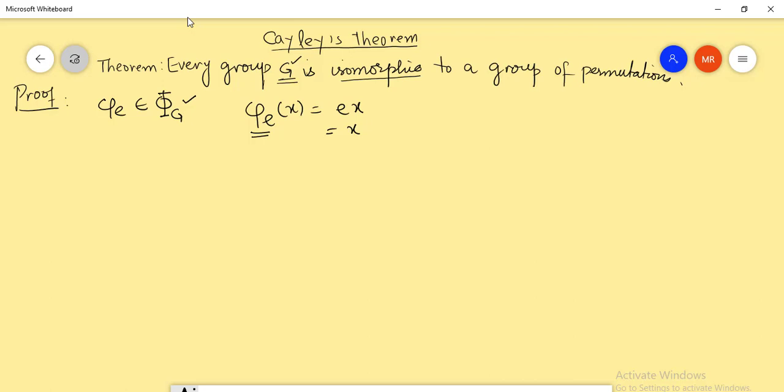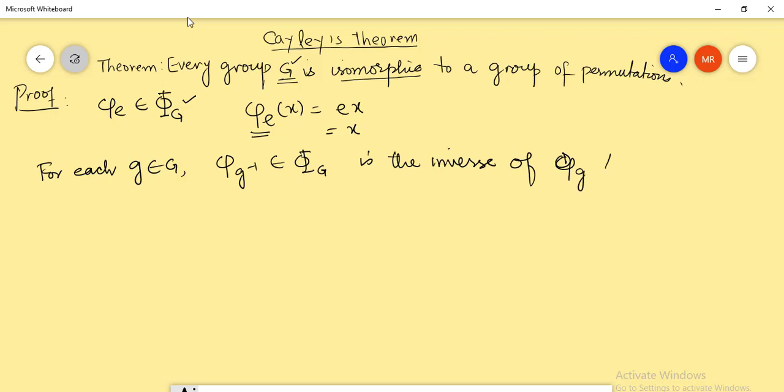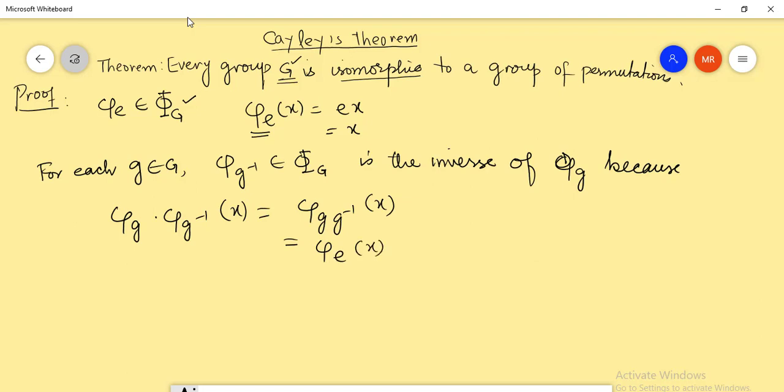And for each g belonging to the group G, phi_g inverse belonging to this set is the inverse of phi_g, because we know that phi_g times phi_g inverse of x is equal to phi_gg inverse of x, or this is phi_e of x, and hence phi_g times phi_g inverse of x is equal to phi_e.